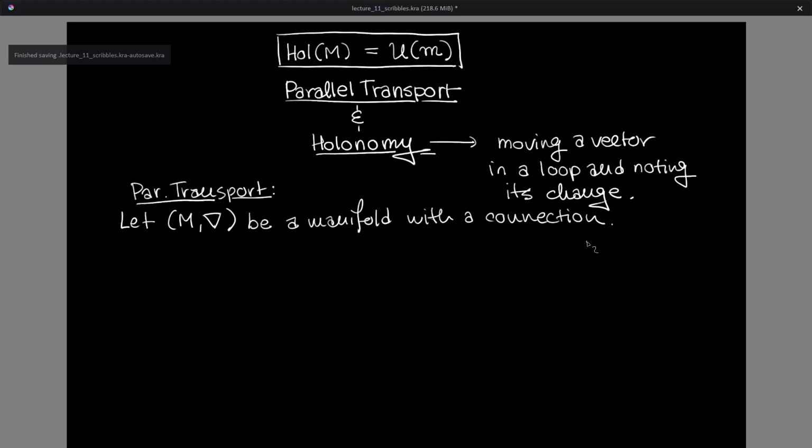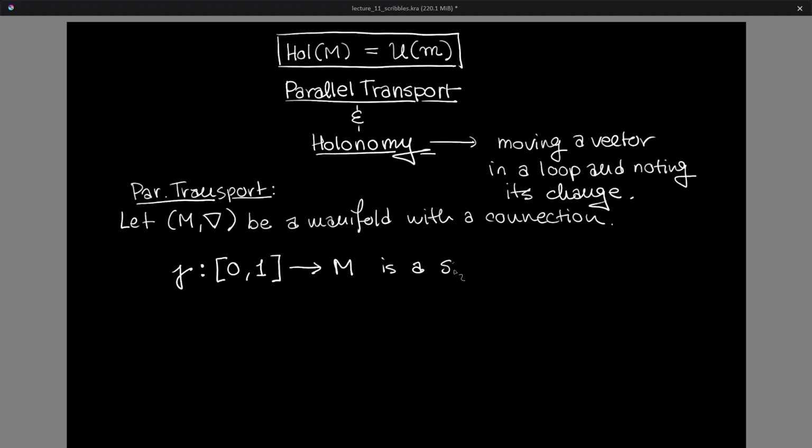So we're starting off with M and nabla, which is our manifold with a connection. Think of there being a curve. We'll need a curve, right? Here's our parametric curve. It takes the closed interval from 0 to 1 to a set of points on M, and it has to be smooth. Is a smooth curve. So the assignment needs to be smooth.